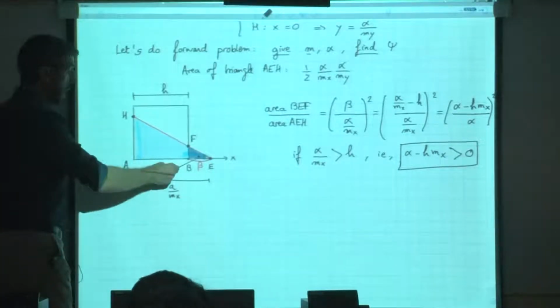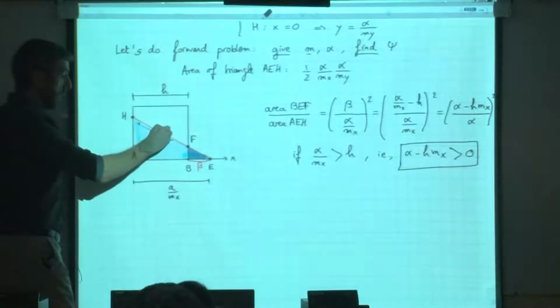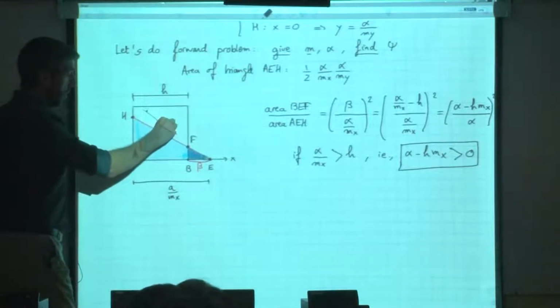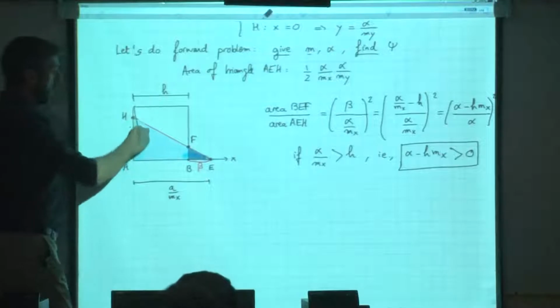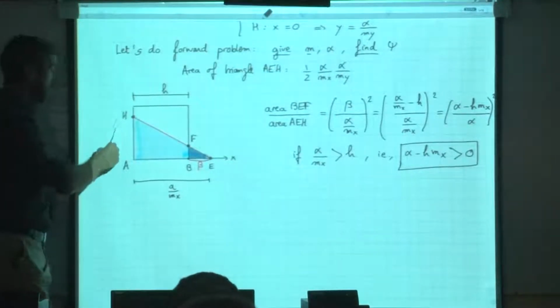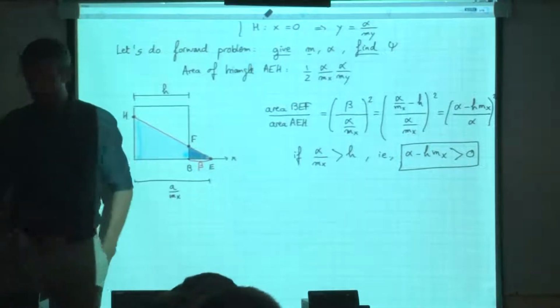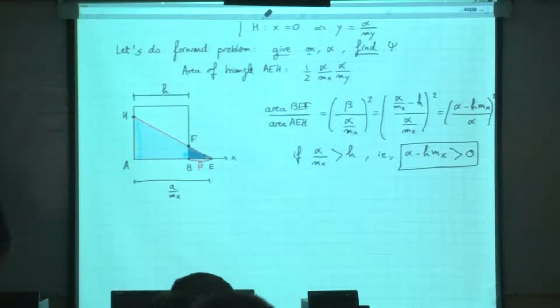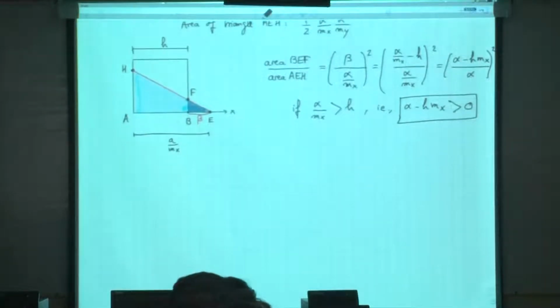Obviously, the same thing can happen on the other side. This guy can move up sufficiently for us to be counting an extra triangle. So in the very same way, we can go through the same correction for the top triangle. And those corrections are additive. They're not separate cases. We can have one or the other, both corrections being required.